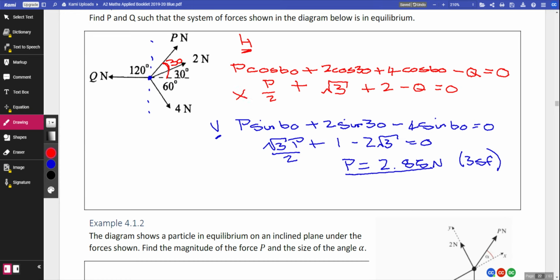So into this equation down here, that leads us to Q is equal to P over 2 plus root 3 plus 2, which when we calculate that is 5.15 newtons to 3 significant figures.